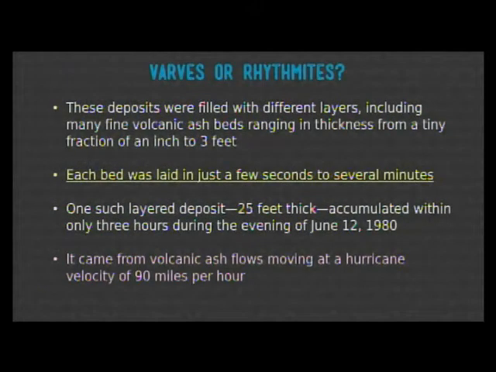These deposits were filled with different layers, including many fine volcanic ash beds ranging in thickness from a tiny fraction of an inch up to 3 feet thick. Yet each bed was laid down in just a few seconds to several minutes. And one such layered deposit was 25 feet thick, and it accumulated within 3 hours during the evening of June 12, 1980.